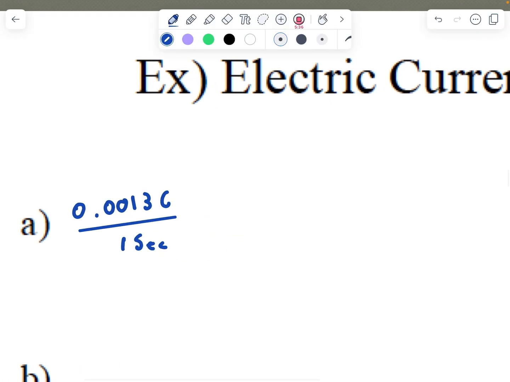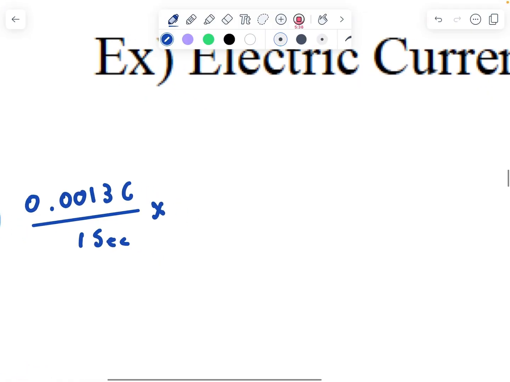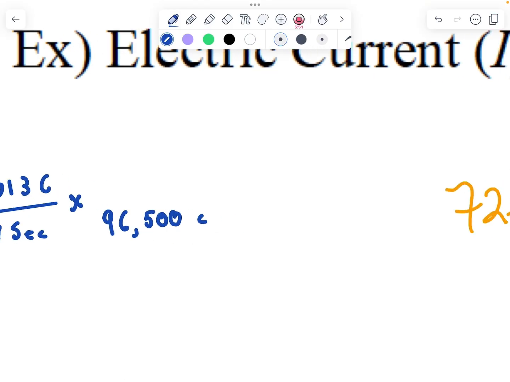And we want to get into moles of electrons, so we're going to put our coulombs at the bottom because we have coulombs up top, so we'll do 96,500 coulombs for every 1 mole of electrons.